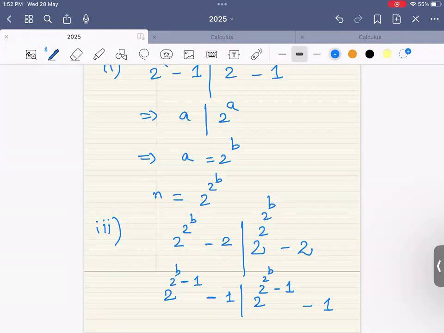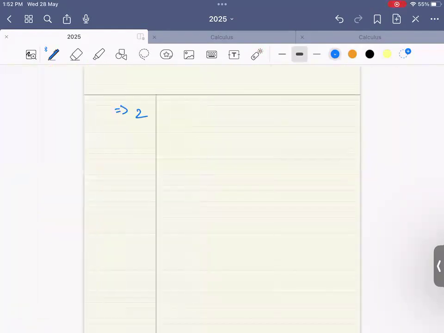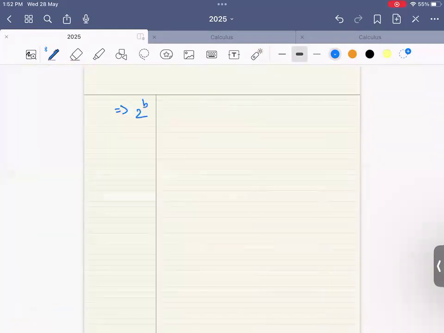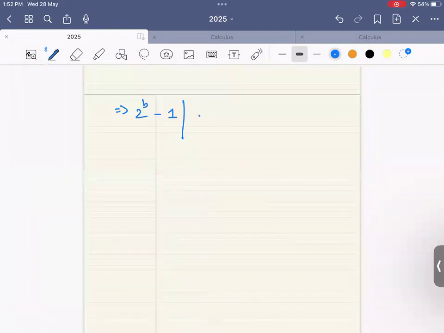So again, a to the power m minus 1 divides a to the power n minus 1. It means that m divides n, which means that 2 to the power b minus 1 must divide 2 to the power b minus 1.